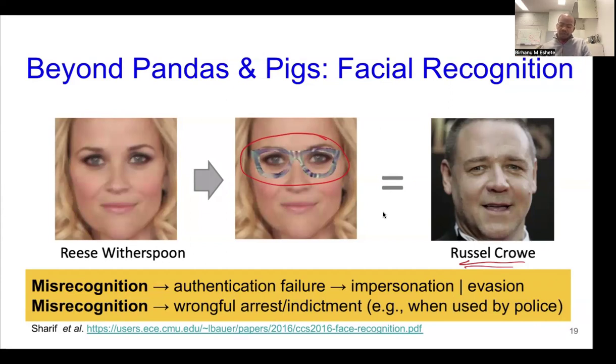Misrecognition in this case could lead to impersonation, or just bypassing a system that relies on facial recognition to authenticate users, or it could lead to more consequential situations, for example, wrongful arrest or indictment when used by law enforcement agencies like the police departments. And we have seen examples of this nature in the first lecture as to the consequences.